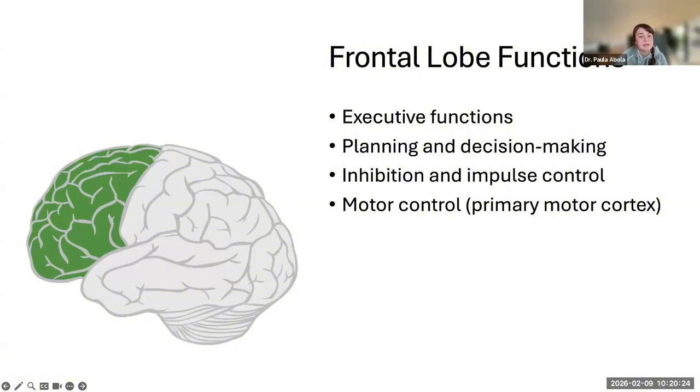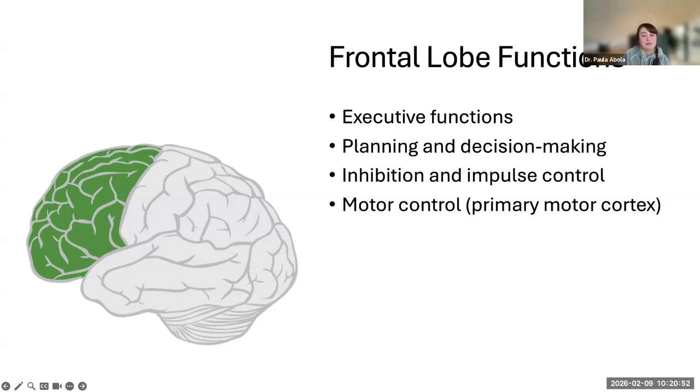These abilities actually allow us to set goals, evaluate options, anticipate consequences, and adjust our behavior in response to changing circumstances. So in everyday life, the frontal lobes help us behave in ways that are socially appropriate, flexible, and purposeful rather than impulsive or reactive.